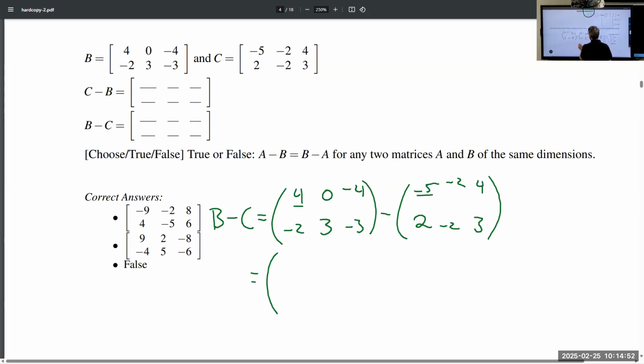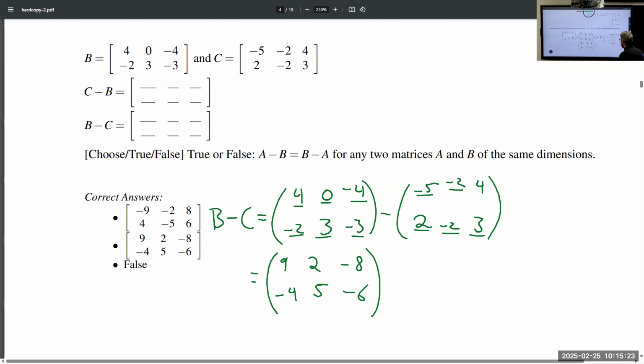4 minus -5 would be 4 plus 5, which would be 9. 0 minus -2 would be +2. -4 minus 4 would be -8. -2 minus 2 would be -4. 3 minus -2 would be 3 plus 2, which is 5. -3 minus 3 would be -6.